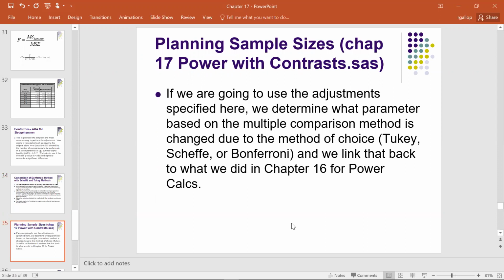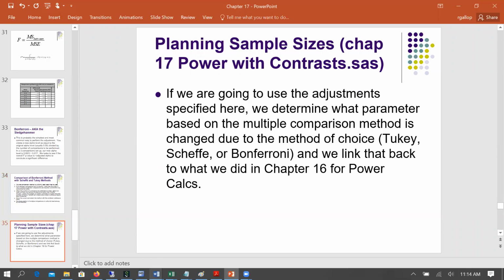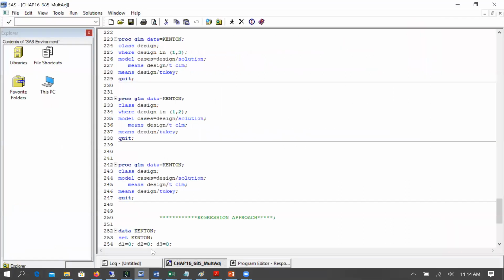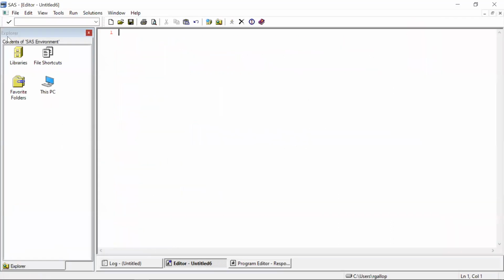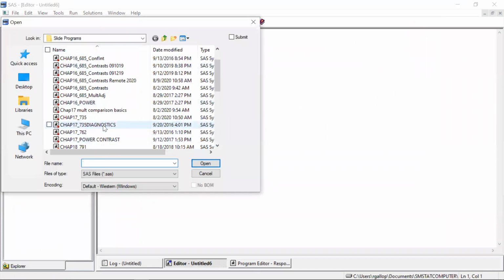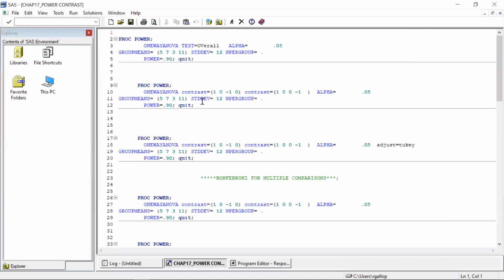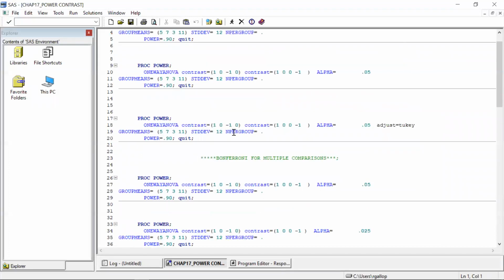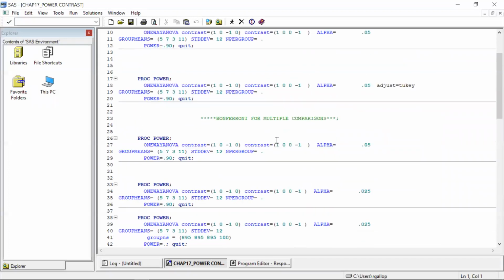Now, if we wanted to derive power for contrast, let me take you guys to this program. And if we go here, and I open up this one, power for the contrast, right? So we've got all of our original ANOVA that we end up doing.